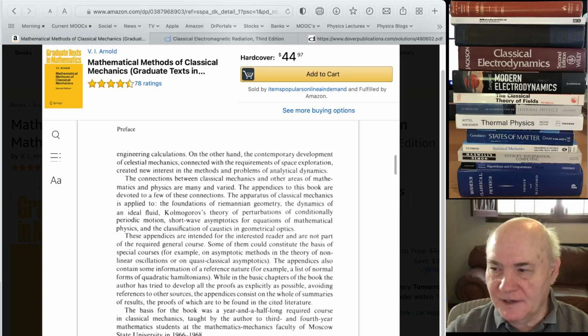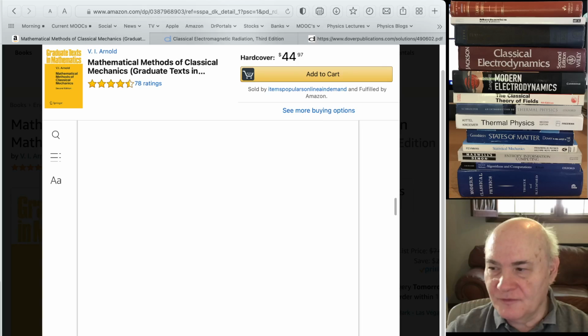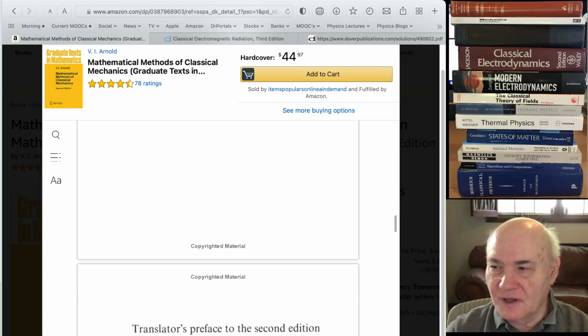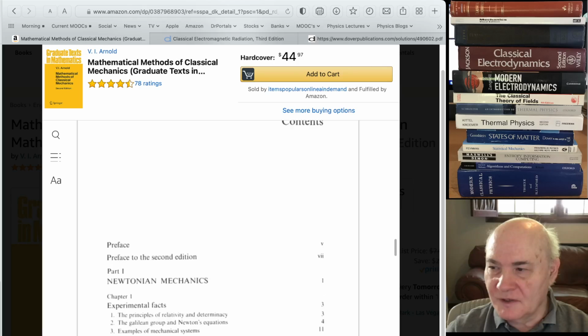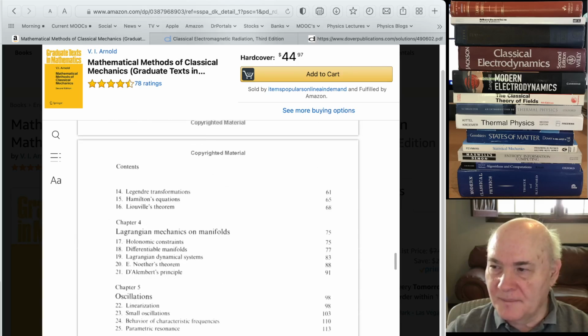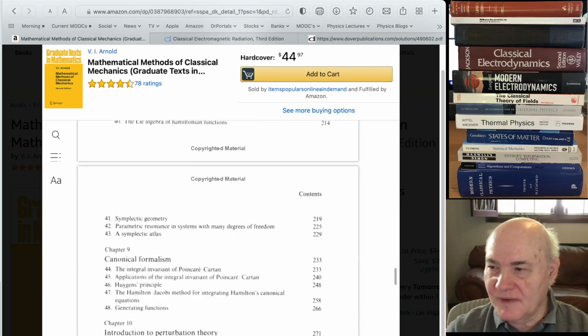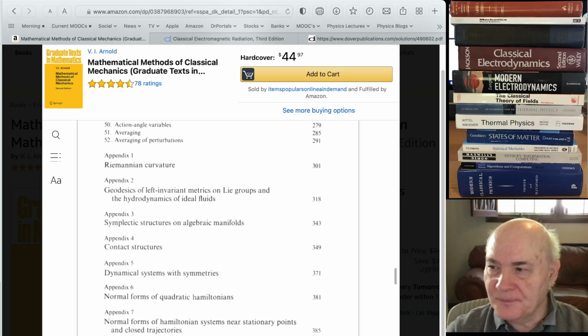So I would not try and learn this on the first go with this book, but it is very good on references and proves a lot of theorems. It's a Russian book. It's not that advanced for a Russian book, and it does cover all the basic things, but it just has a little bit more mathematical perspective. So that's another alternative if you already know a lot of classical mechanics.